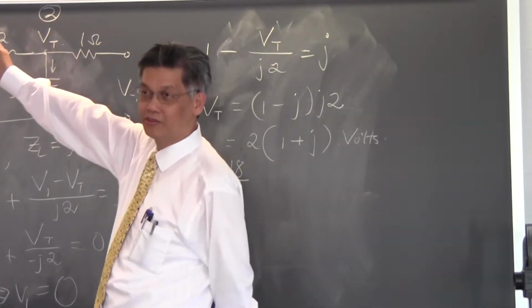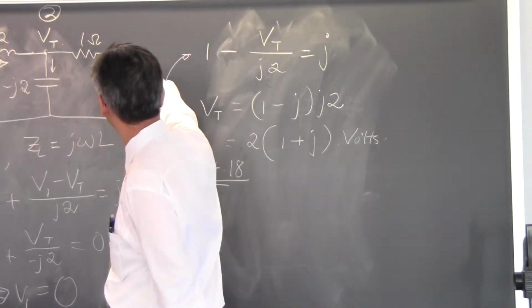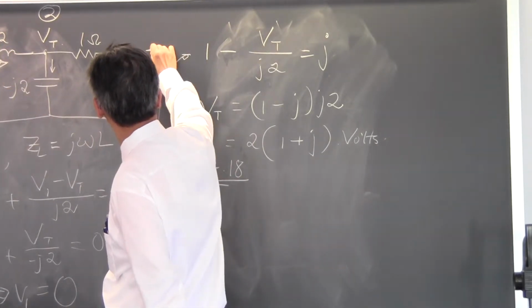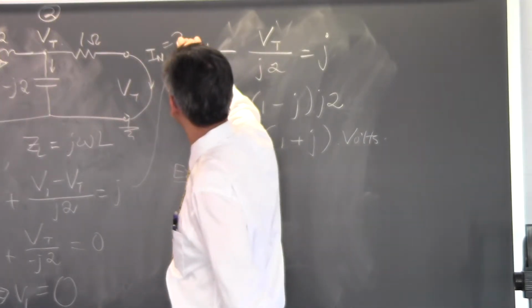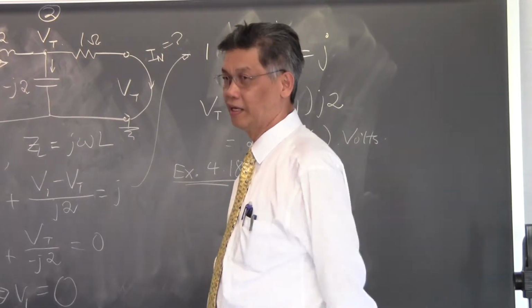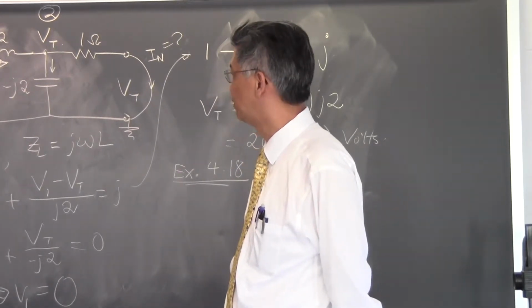I'm not going to redraw this figure. I'm just going to use the same figure and put a short circuit here. And you're asked to find what IN should be by using the loop current method.